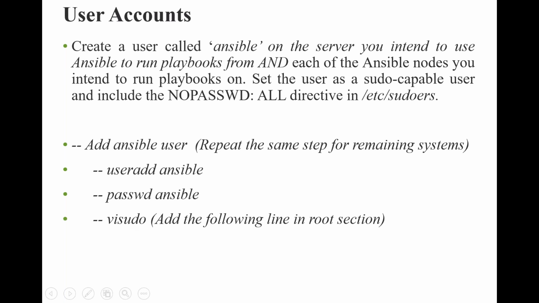We will add this line for the Ansible user account: on all hosts, with all permissions, and NOPASSWD for all commands to run. So this is the line required for the Ansible user account in the sudoers file. Then this Ansible user account we can use as a sudo user, and it will have all the root user privileges.